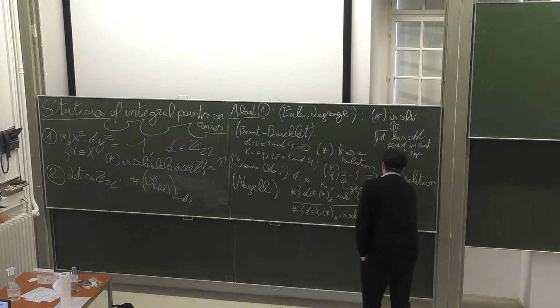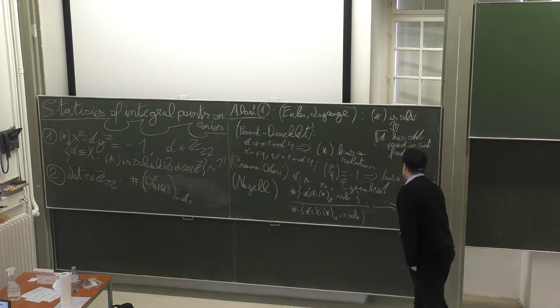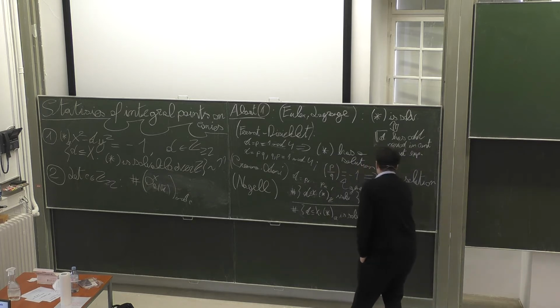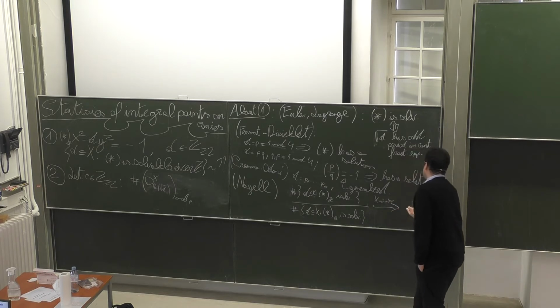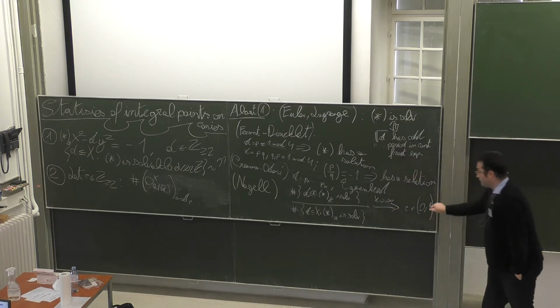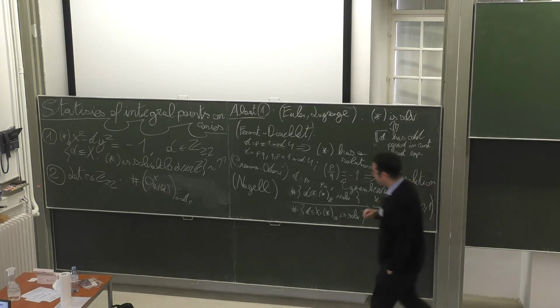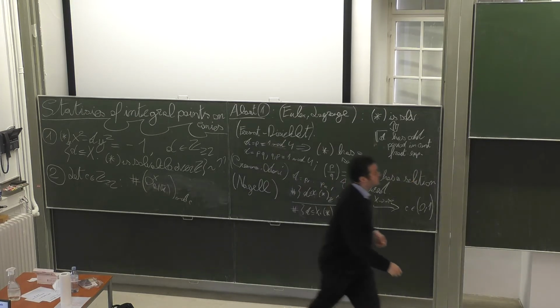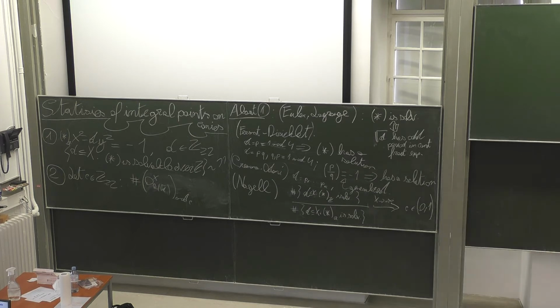Nagel conjectured that the limit as X goes to infinity should exist and converge to some limit which is strictly in (0,1). I don't know on what basis Nagel made this conjecture.